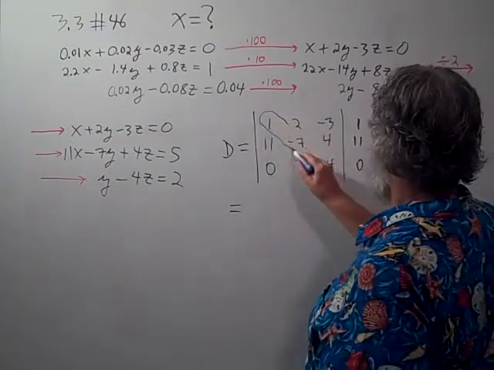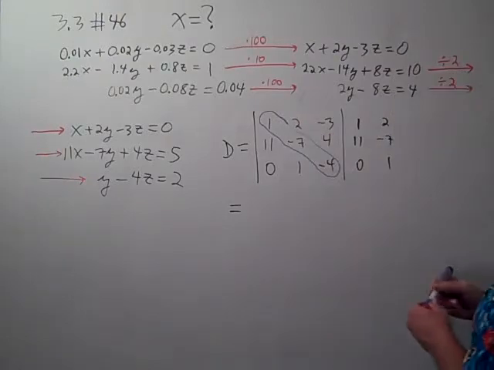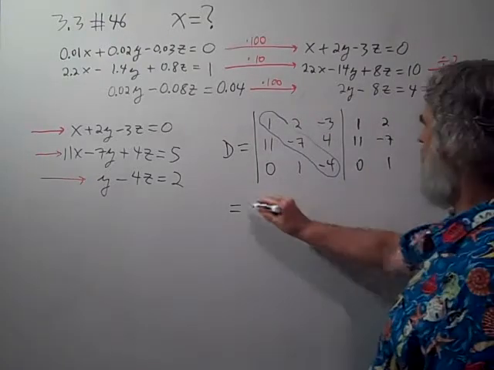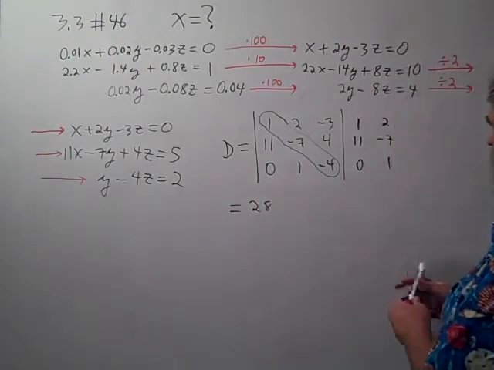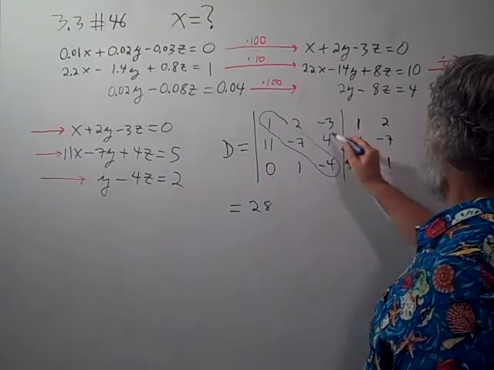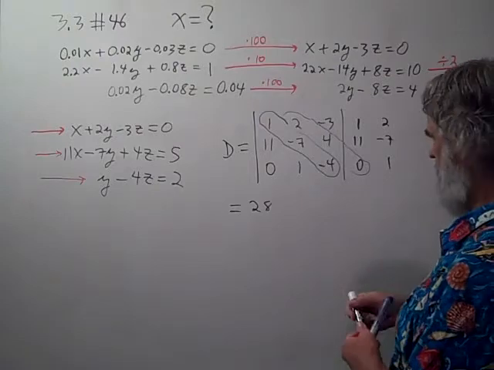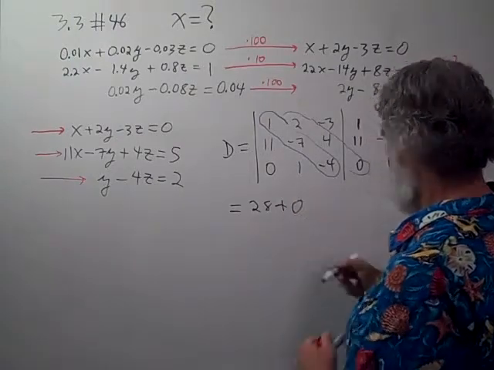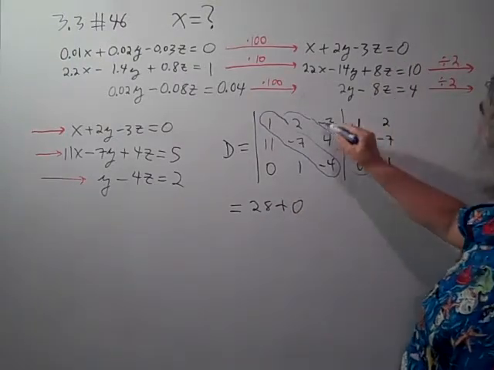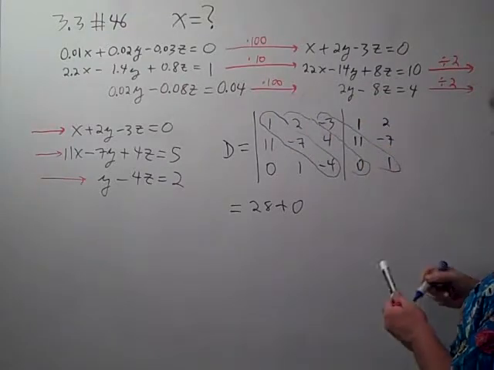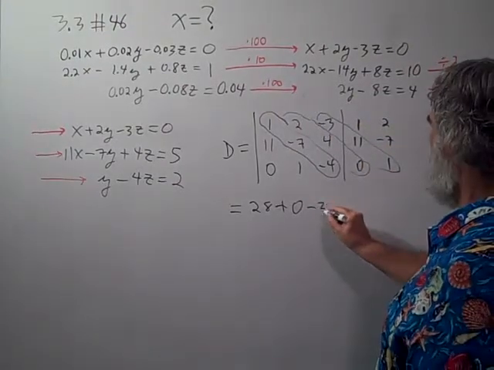So 1 times negative 7 times negative 4 is positive 28. We have 2 times 4 times 0. That makes this one just 0. And then we have negative 3 times 11 times 1. That's negative 33.